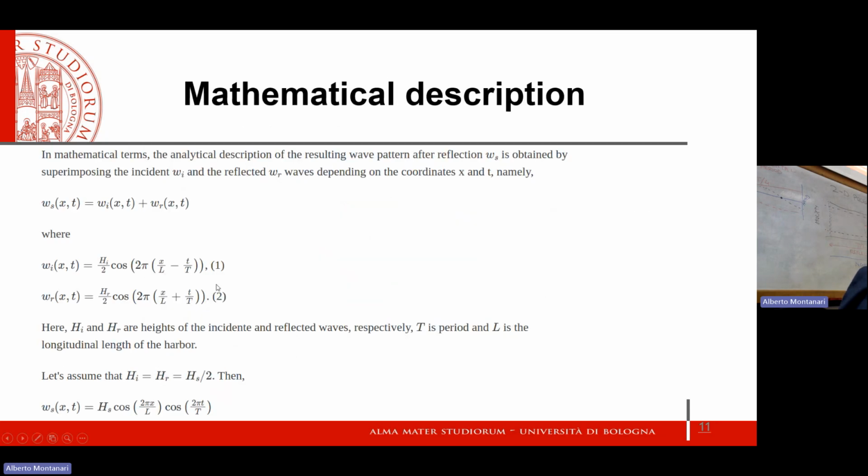And if you make a composition of the two waves, you get a wave whose amplitude is given by the sum of the amplitudes of the incident and reflected waves, times two cosine functions, which can be obtained by the summation of these two cosine functions with a simple trigonometric transformation. And what you get is indeed a standing wave.